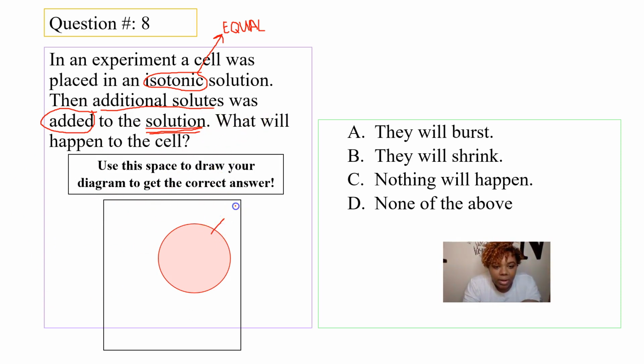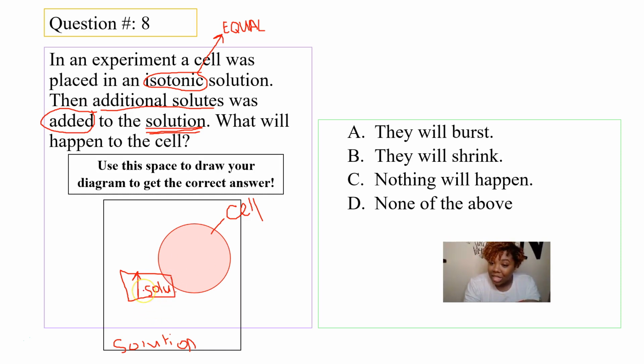This right here is our cell, and this right here is our solution. And we know that they added solutes to the solution, so I'm going to put a U, solutes, right? Here. So it's higher here. And I'm going to box that because this solute is higher.